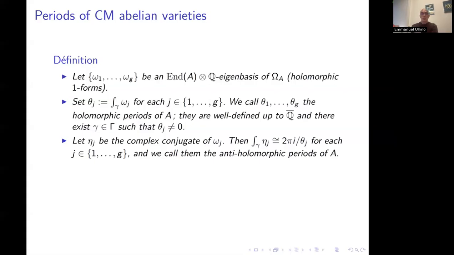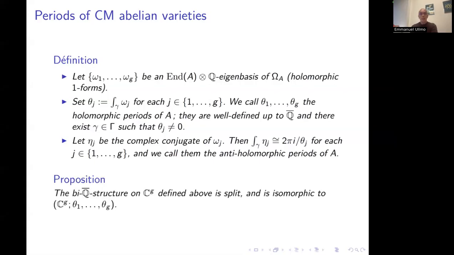These you call the anti-holomorphic periods of A. You can check easily that the Q-bar structure on C^g defined above is split, and the complete set of periods of this Q-bar structure is just theta 1, theta 2, ..., theta g.